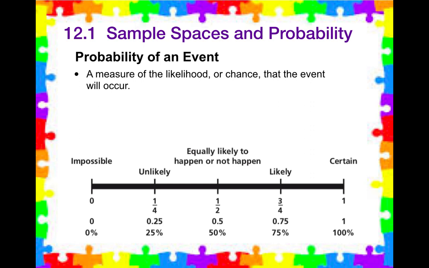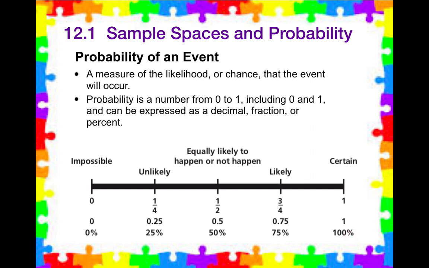The probability of an event could be from impossible, where there's a 0 chance of it happening, to certain, where it could be a 1 or 100%. Probability can be expressed from 0 to 1. It can be expressed as a fraction: 0, 1/4, 1/2, 3/4, to 1.